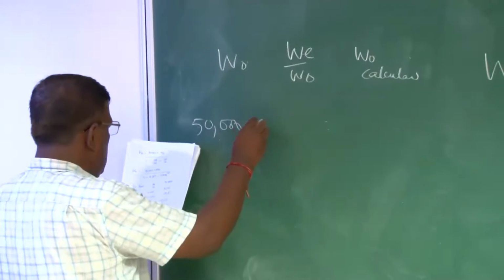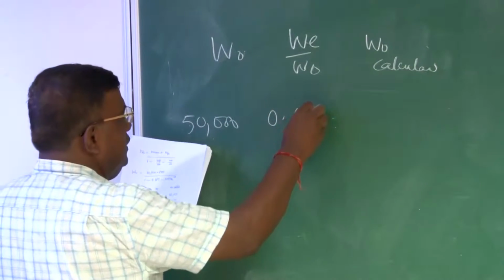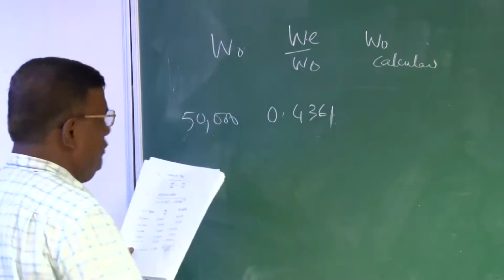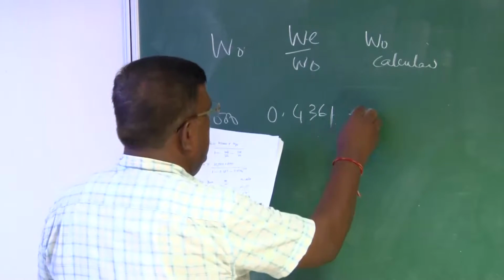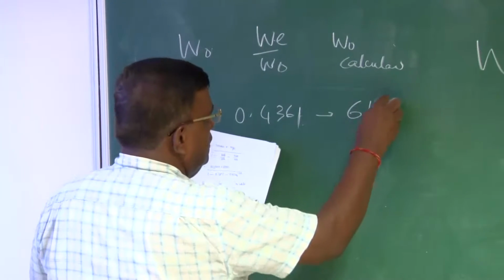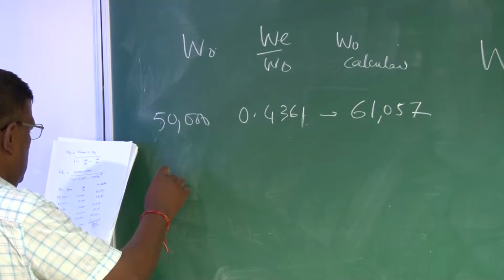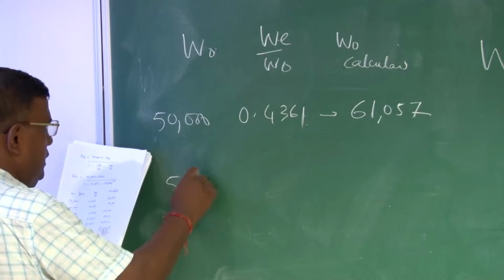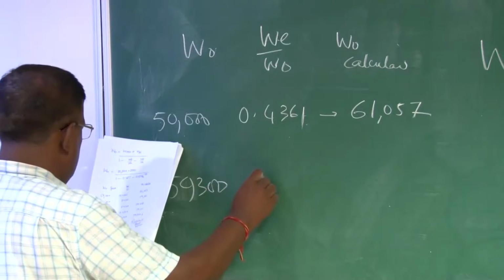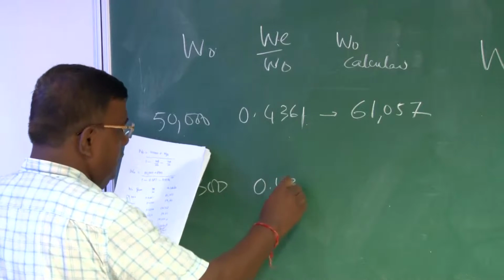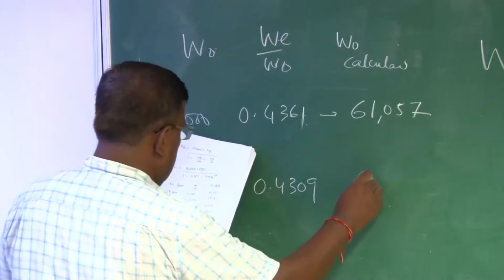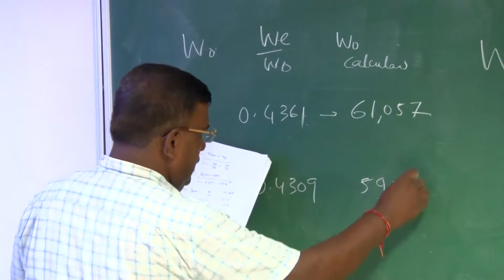We start with 50,000 pounds, and this value is 0.4361. If you use that expression, that will give you around 61057. If you make it 59300, then this value is 0.4309, and this is 59311.